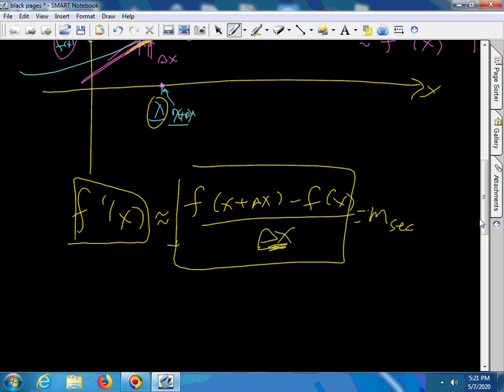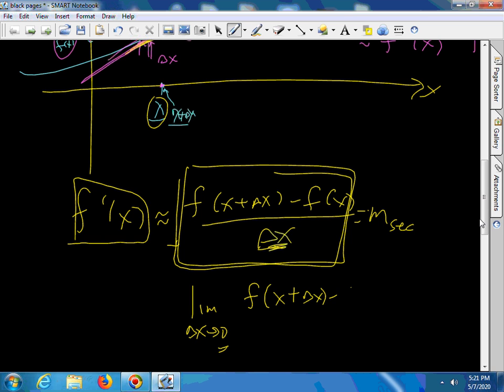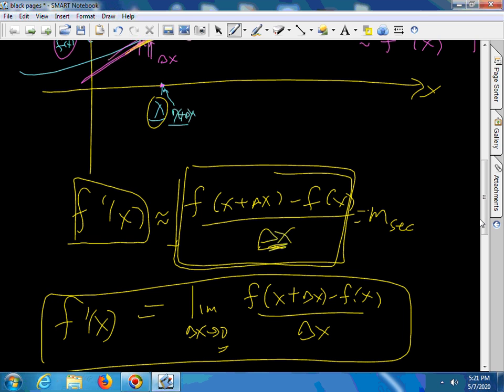So why don't we take the limit as delta x approaches 0 of what's in here, which is called the difference quotient. Don't have to know the name. And then we say in the limit, we do get f prime of x.